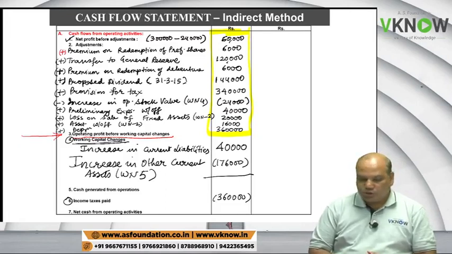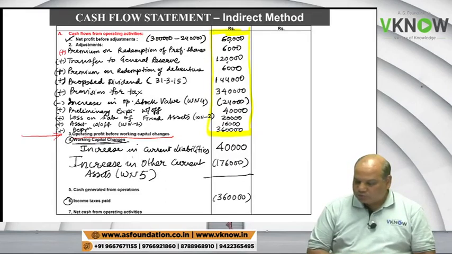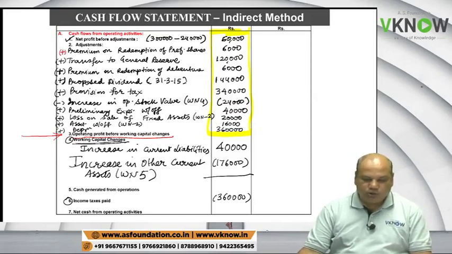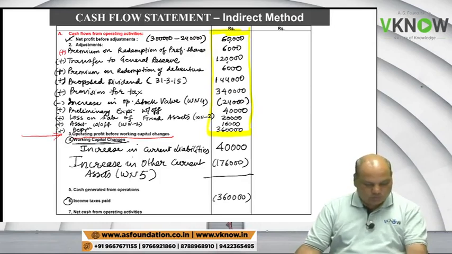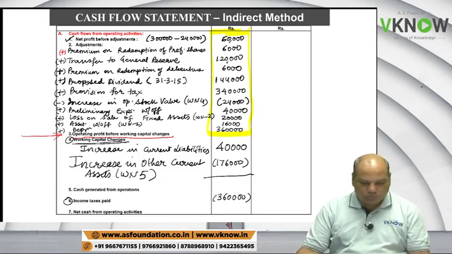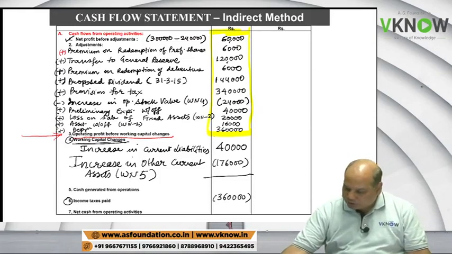Anybody? Total of point number A, 1, 2. Please take the total and reply. 10,88,000.